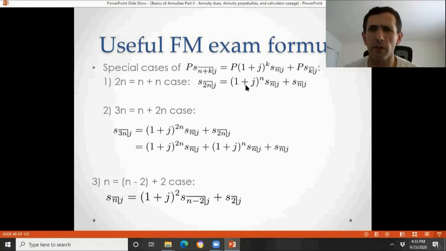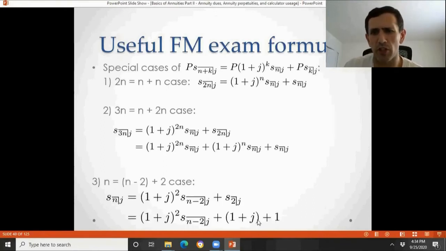K is 2, so it's (1 plus j) to the 2. We're replacing N with N minus 2, so it's S_N-2,j plus S_2,j. Well, S_2,j is just 1 plus (1 plus j). And here again, N minus 2 plus 2 is just N.